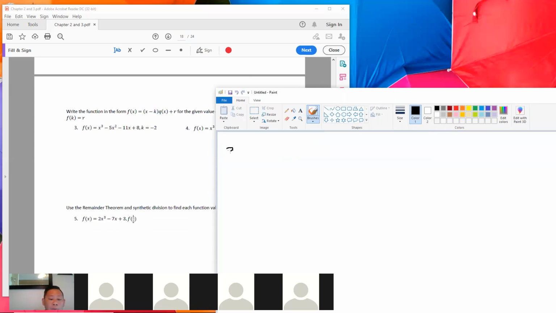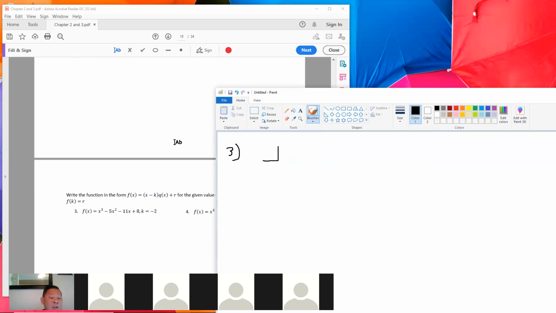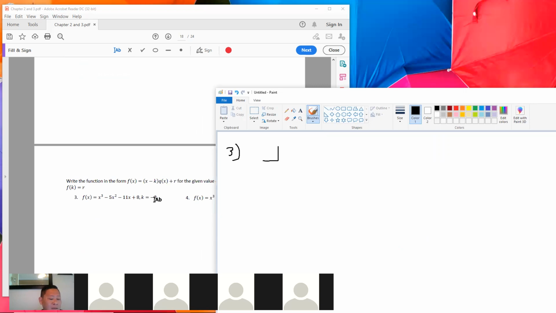So like question number 3, you can actually do synthetic division on this. Last time, remember, you have to solve for x to make it 0, like 6 and 3 half. In this case, if I give you just k equals -2, this is not in the factor form, this is the 0 form, then this number will be -2. Then you just rewrite the coefficients: 1 for x cubed, -5 for x squared, -11 for x, and 8 for the constant.